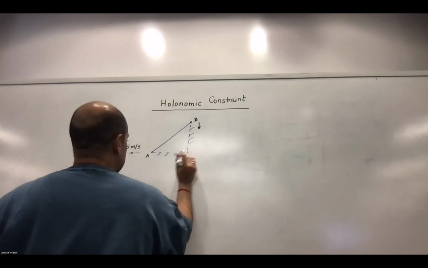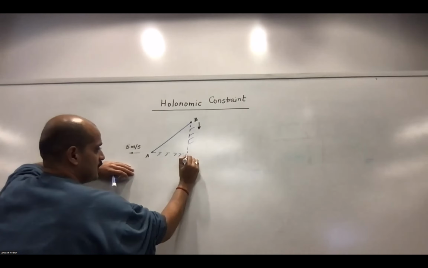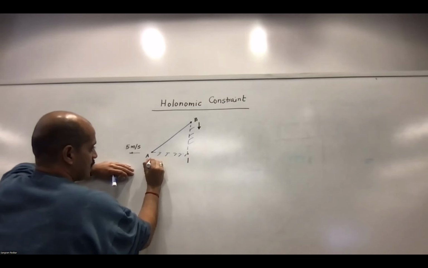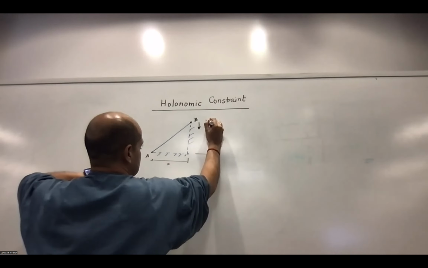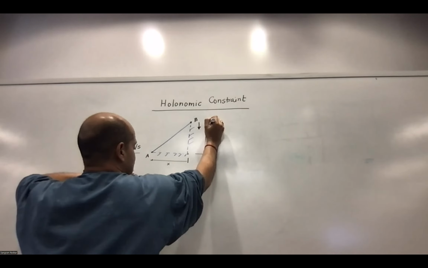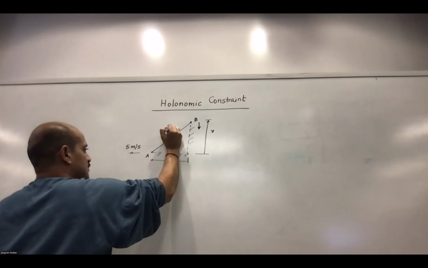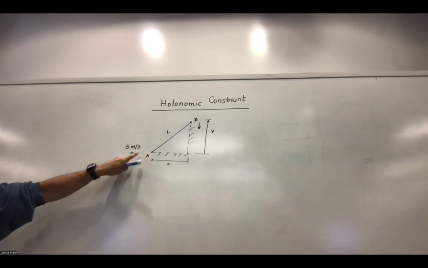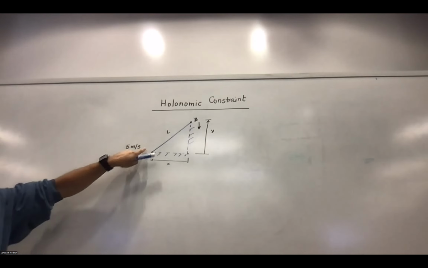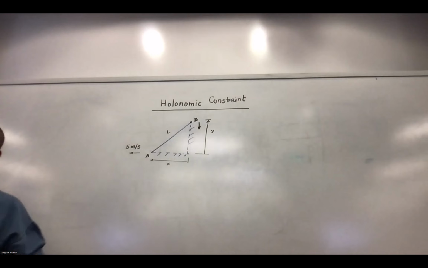Okay, so the way you solve this problem is, this is X, this is Y, and no matter wherever this point A is, the hypotenuse, the length of the ladder, is going to remain the same.